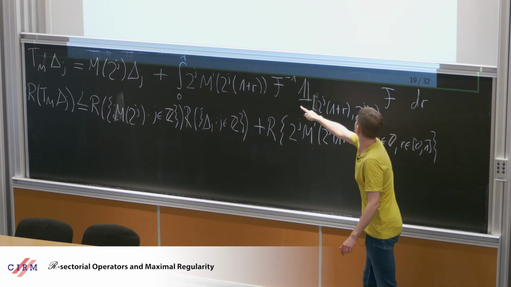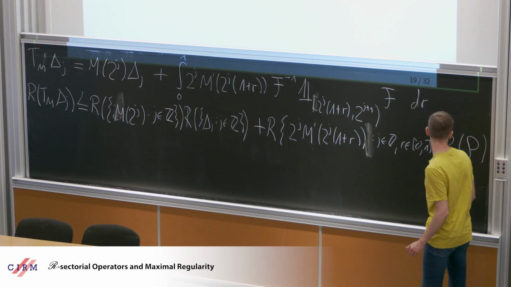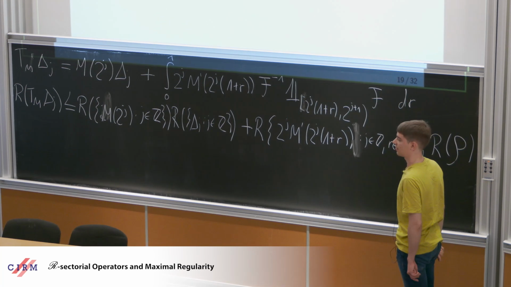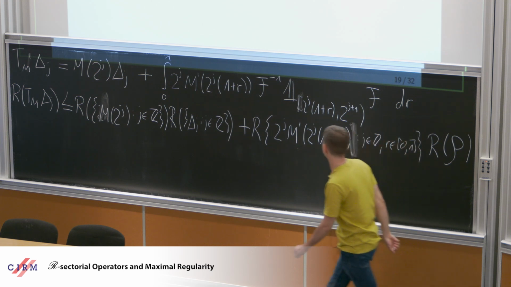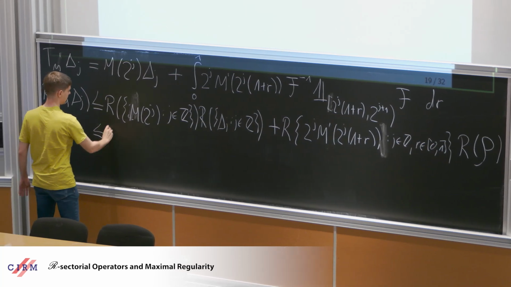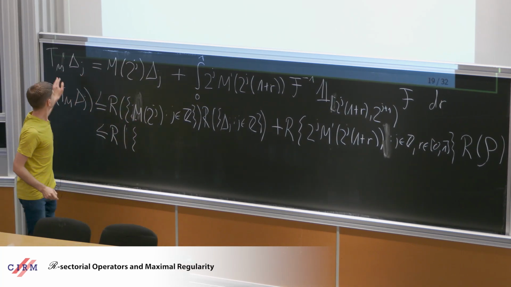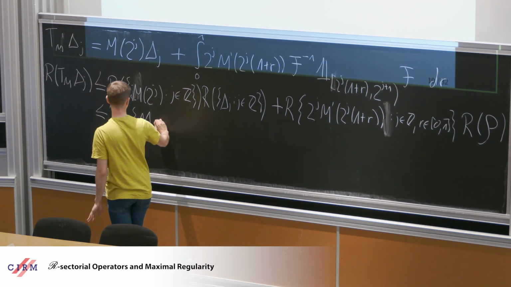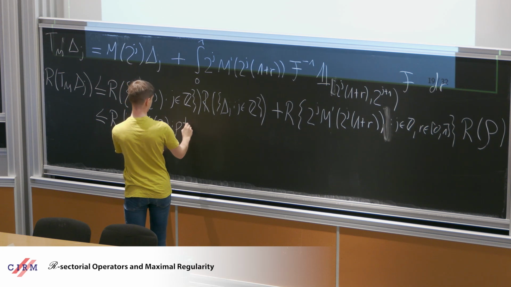And from this indicator function, we just get the R bound and estimate this by the R bound of this P, which was introduced here above. So yeah, and now this then again can be estimated by the R bound of m of rho for rho non-zero.